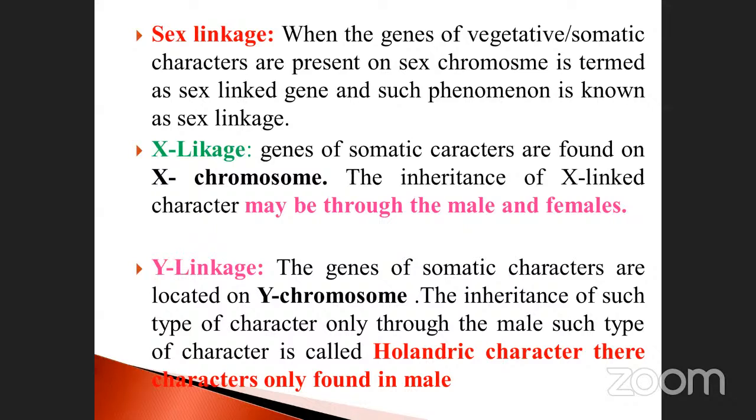The inheritance of the X-linked character may be through the male and the female, because the male has the chromosomes X and Y, isn't it? 50% of the chromosomes are X and the remaining 50% are Y. The female has fully XX chromosomes. That's why the X chromosome is present in male as well as female.